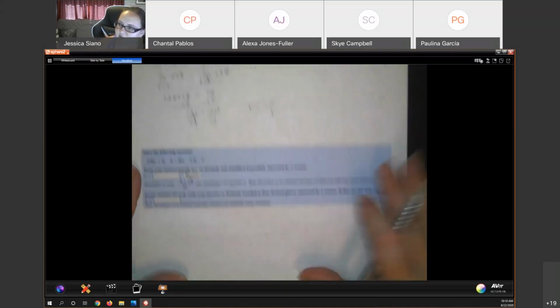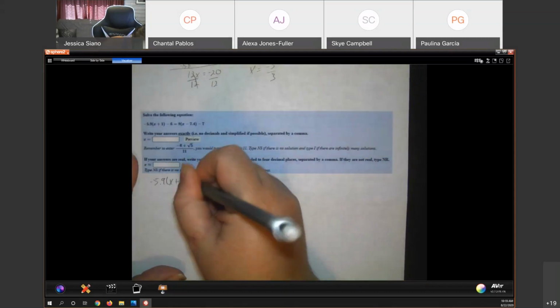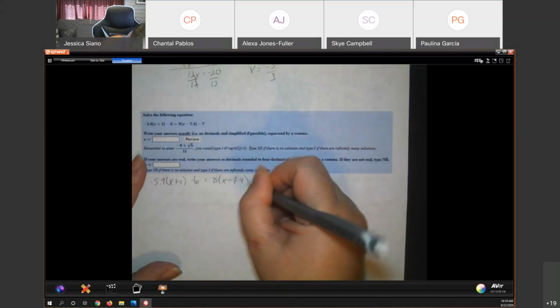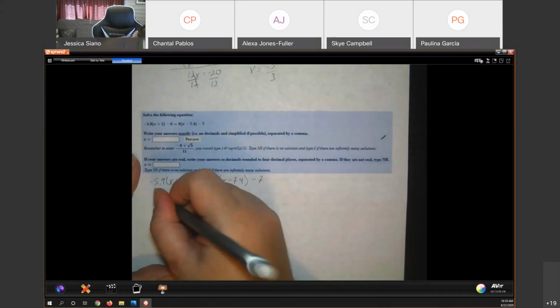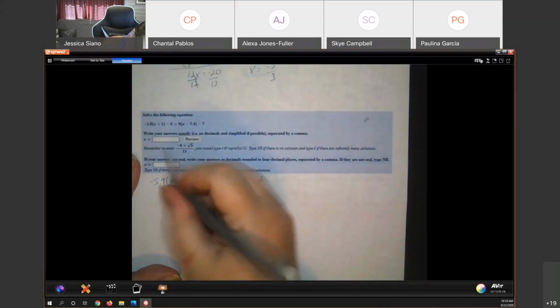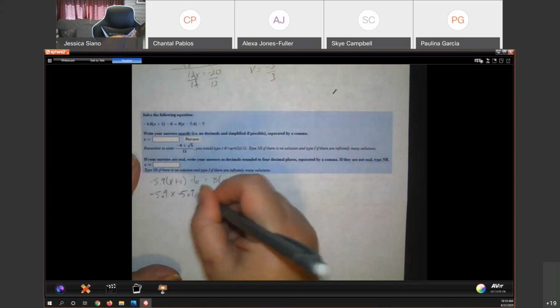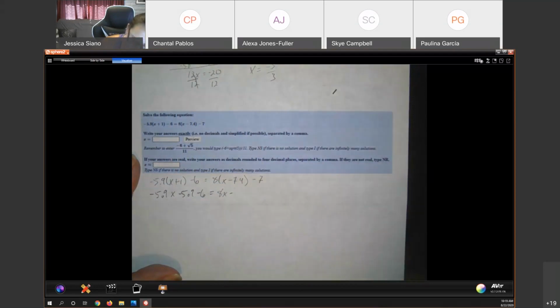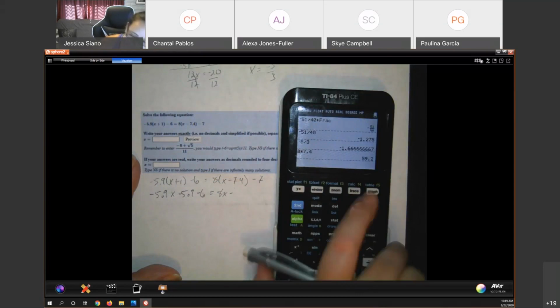Okay. So then the last from this first section, okay, negative 5.9x, I distribute minus 5.9 minus 6, 8x, 8 times 7.4, 59.2.